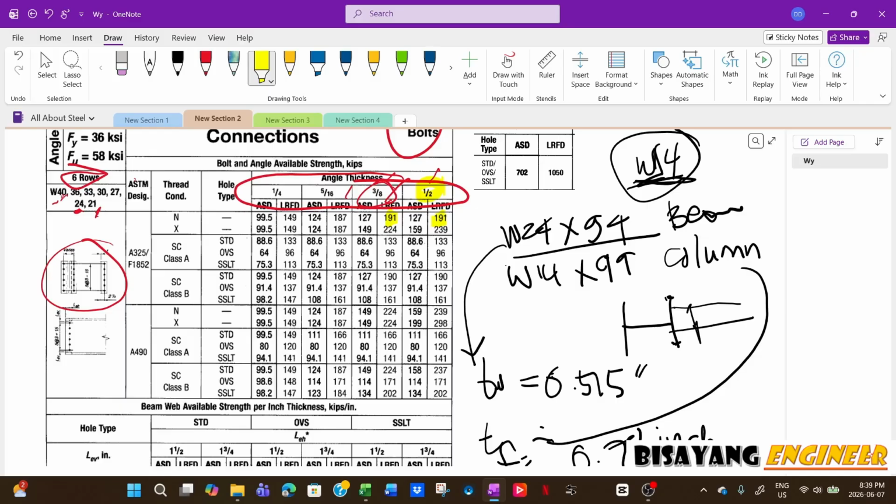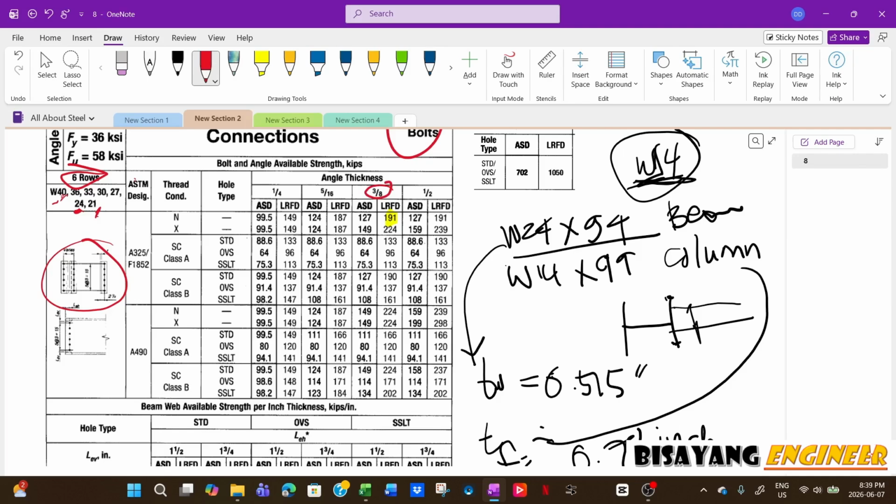What this means is what governs the calculation is not the angle itself. It is the beam web. So from here, we will use 3/8. This is my favorite section or thickness.